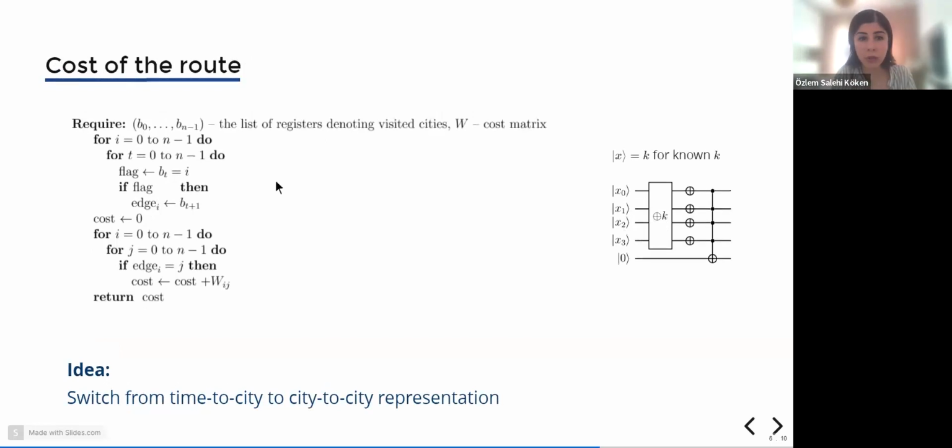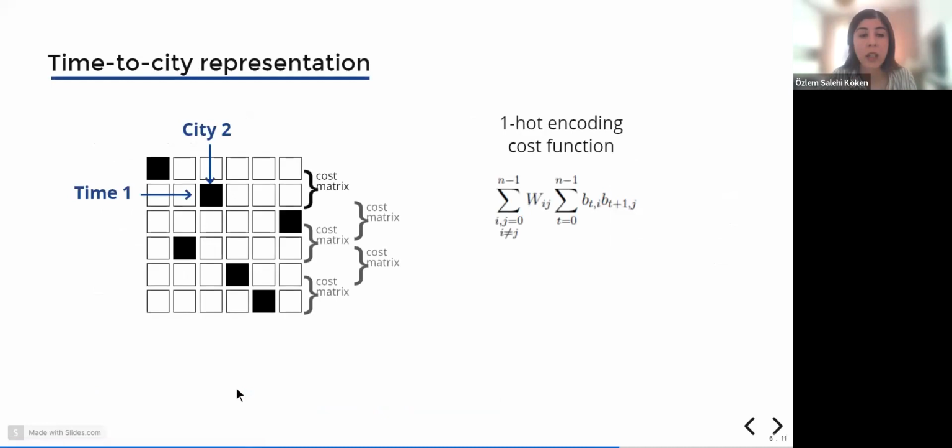And what about the cost of the route? For this, we will use a trick. We will switch from time to city representation. And this trick will help us in reducing the number of required gates.